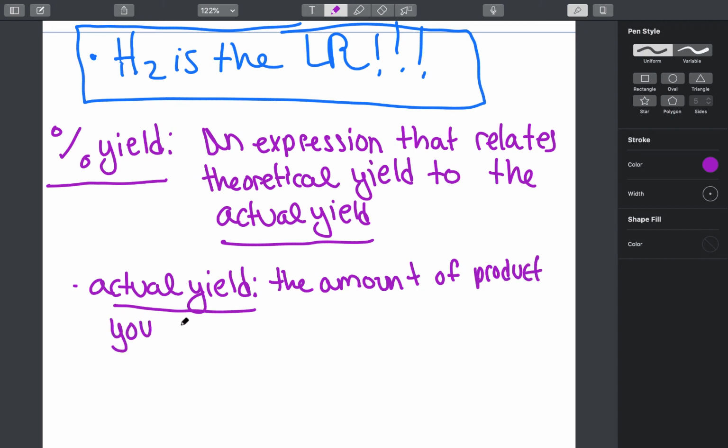you actually get in the reaction. So after you complete the experiment, you measure the amount of product you get, and then you can compare that amount to the theoretical yield.